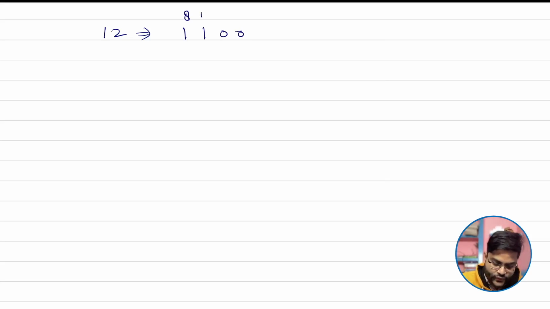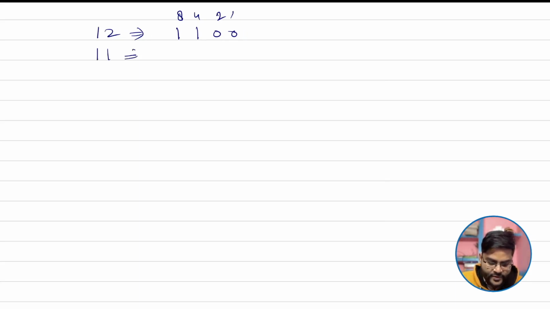This is 8, this is 4, this is 2, this is 1, right? Now if I take 11, 11 will be nothing but 8, 9, 10, 11, and this is 1011. In this also, if I take the n minus 1 number, its rightmost set bit will be 0.